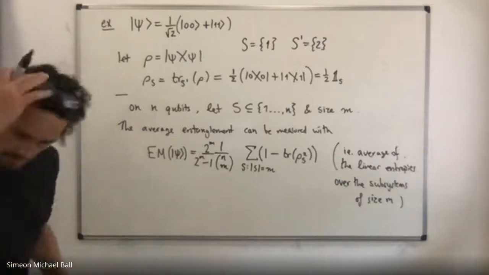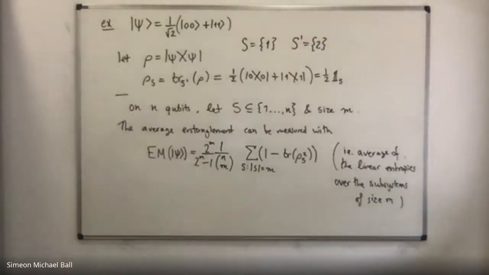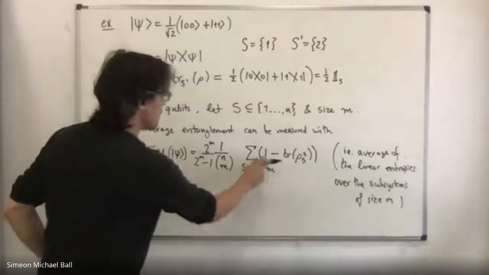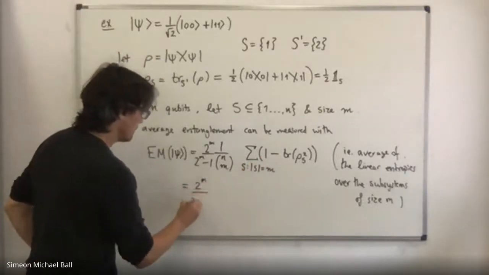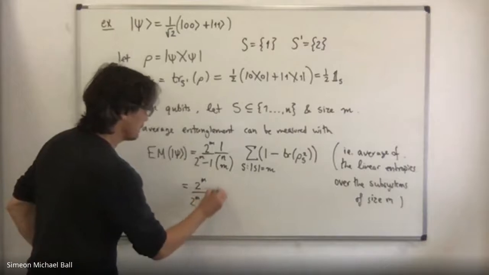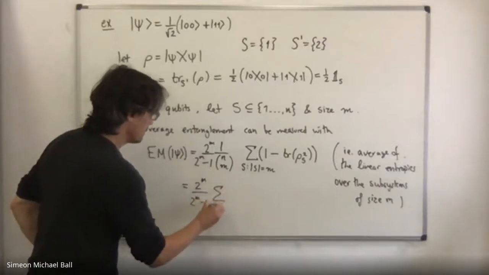Now this we can slightly simplify because this 1 is summed over all the subsets, so this is simply 2 to the m over 2 to the m minus 1, sum.